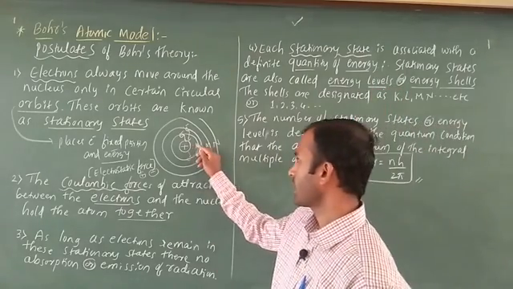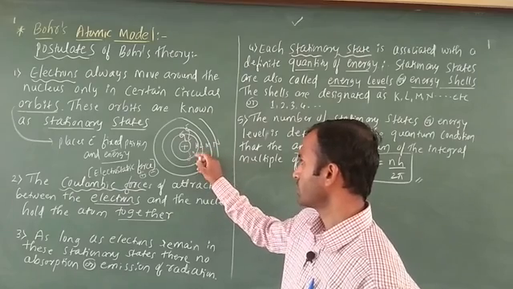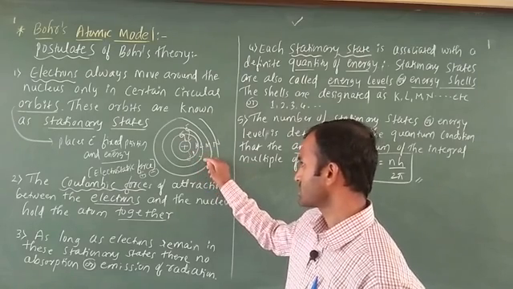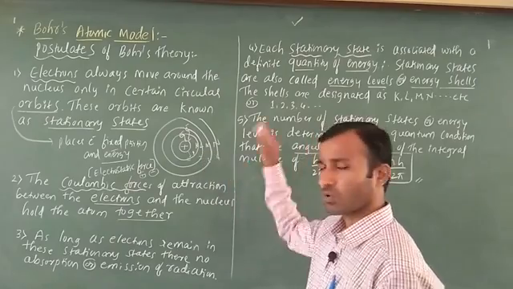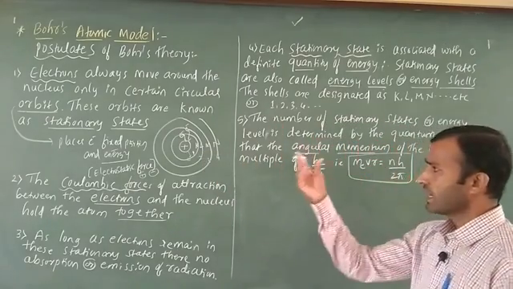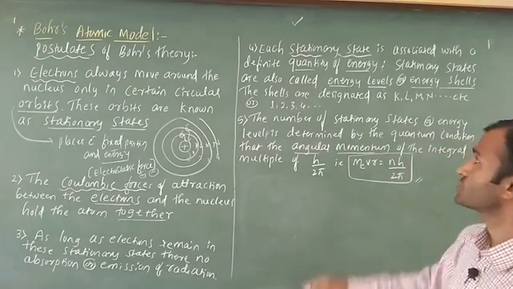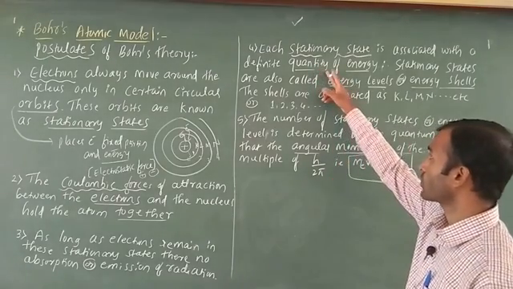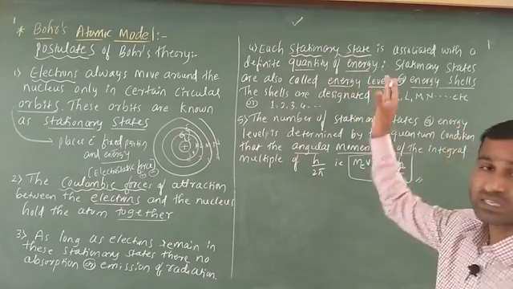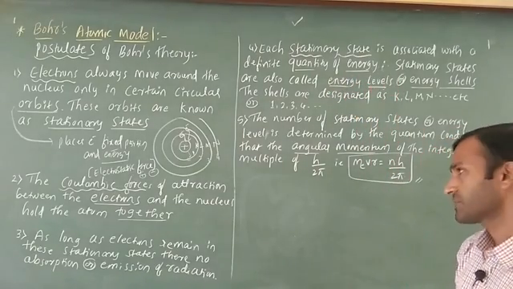Otherwise, K, L, M can be written as 1, 2, 3, 4 and so on. Every cell has fixed energy and fixed position. That is why we say every cell has a definite quantity of energy.